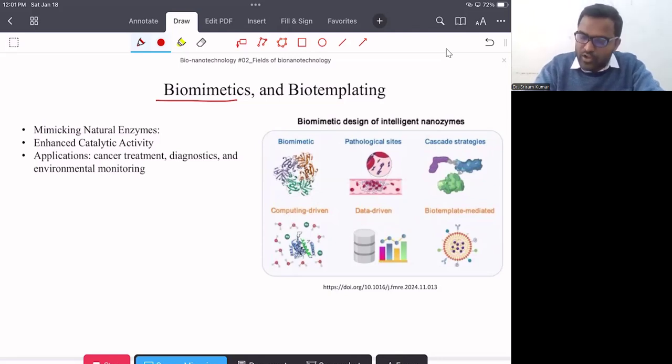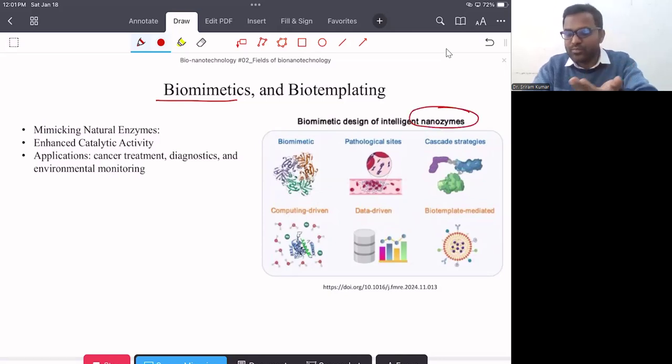For example, in biomimicry, if you want to develop an enzyme, one example is the nanoenzyme. A nanoenzyme is a nanomaterial-based enzyme, right? In our body, the enzyme is the biological entity, so we can develop an artificial enzyme which can mimic the natural enzyme present in our body.